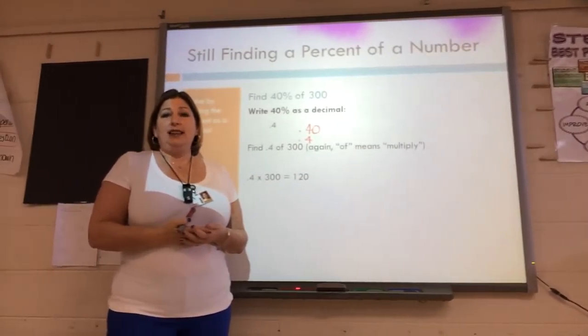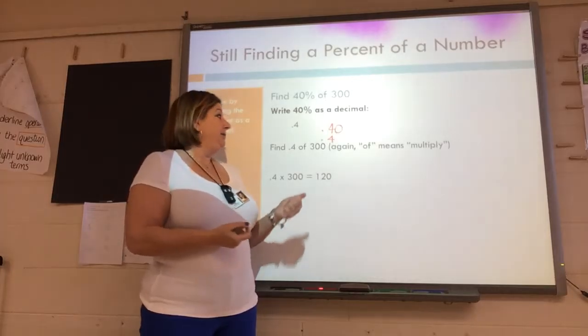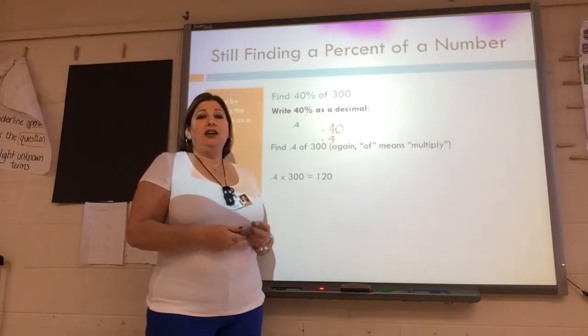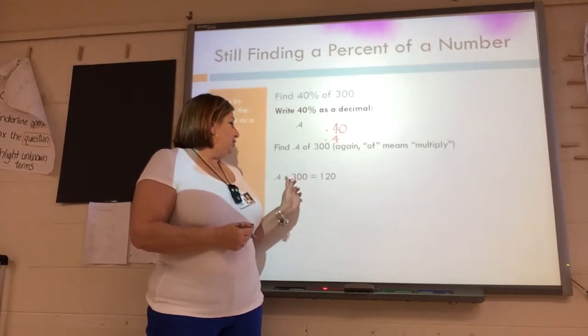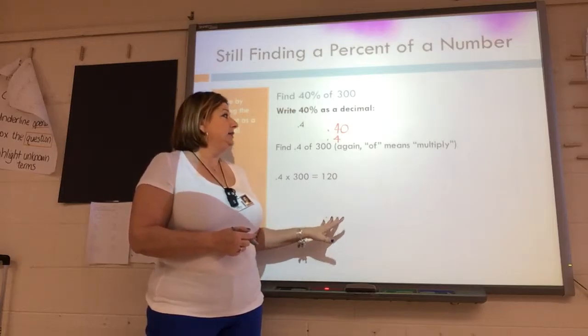It's still 4/10 because we only say the last whole number place value. So find 4/10 of 300. Again, of means to multiply. So 4/10 times 300 is 120.